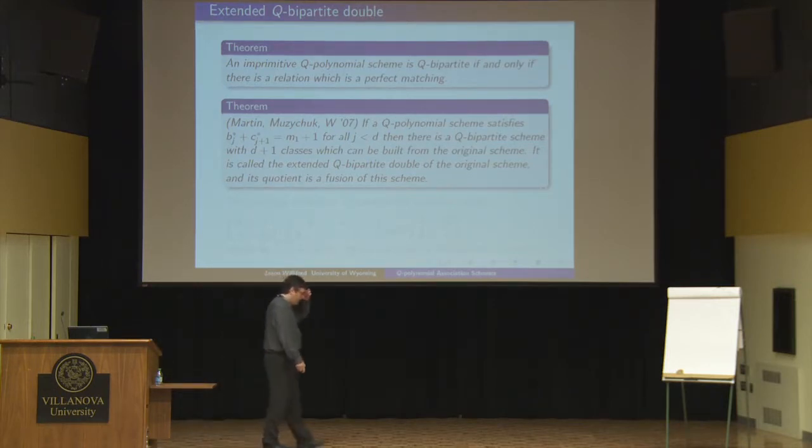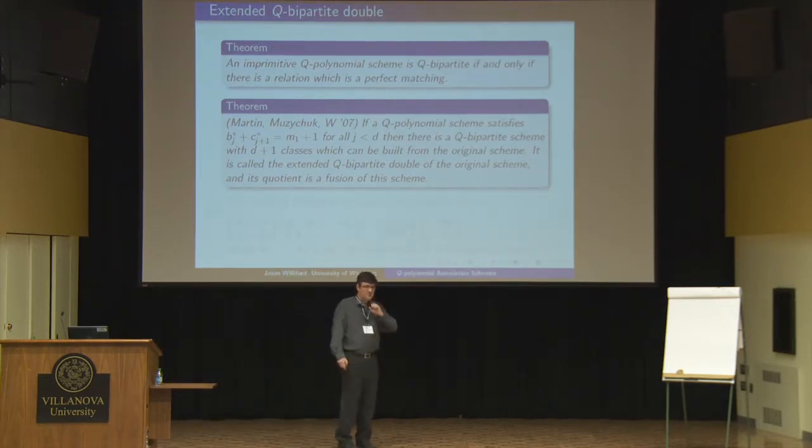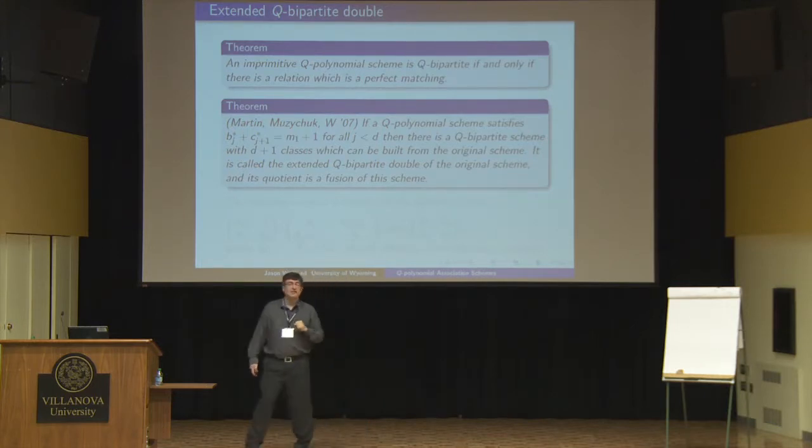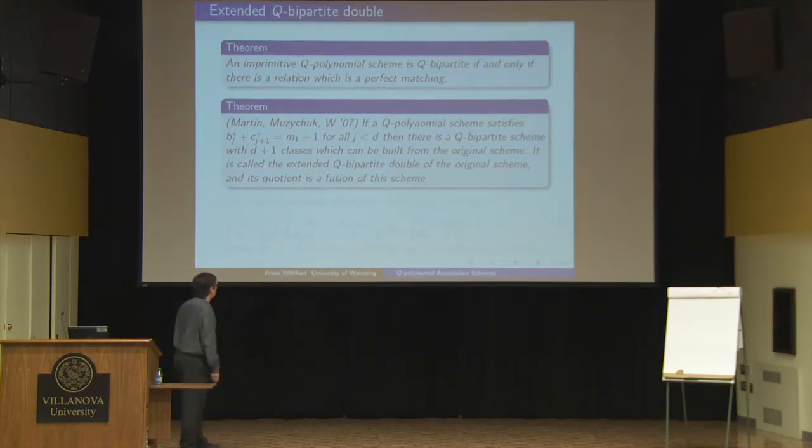There's also a construction technique that works sometimes, which I'll mention because it's a tool I use for finding new, surprisingly, usually new primitive schemes, as opposed to the other way around. This is a dual to a theorem known in distance regular graphs on something called the extended bipartite double.